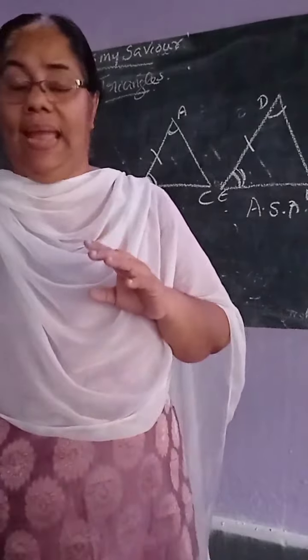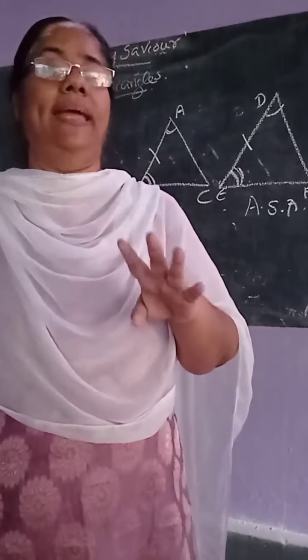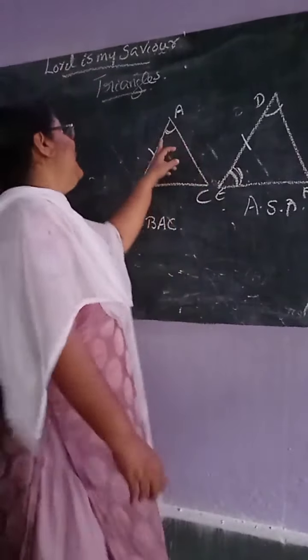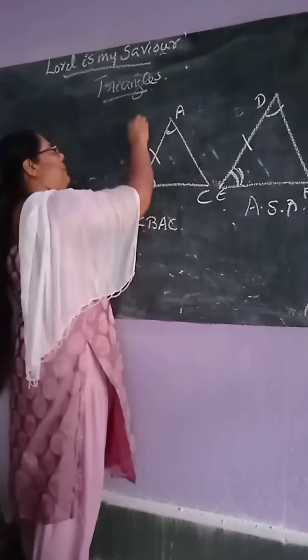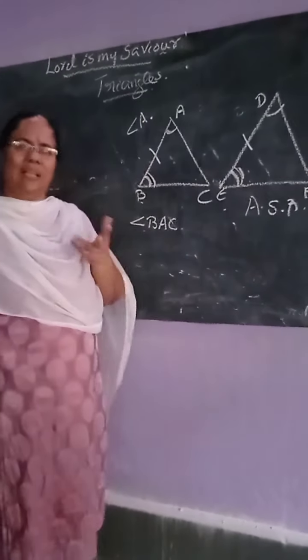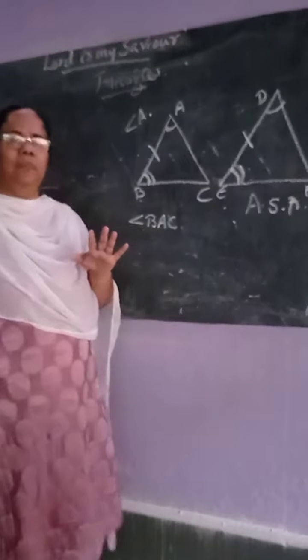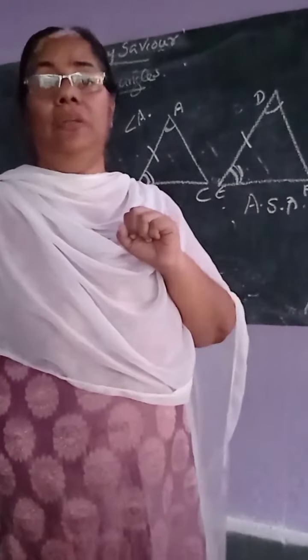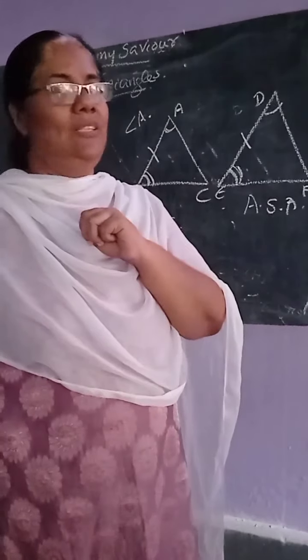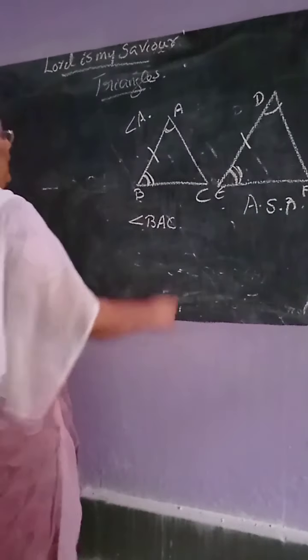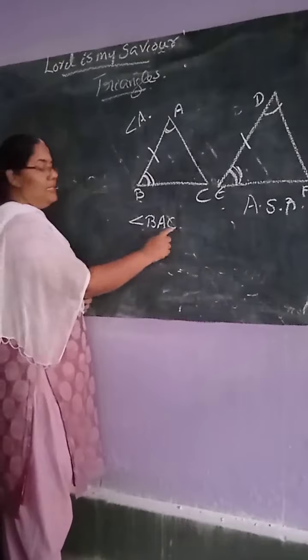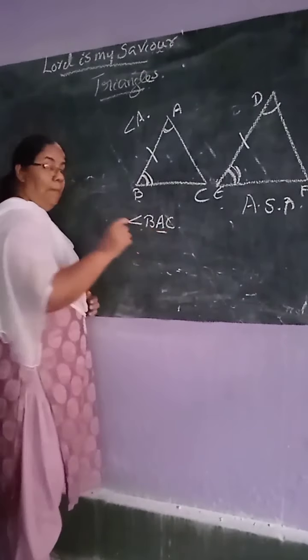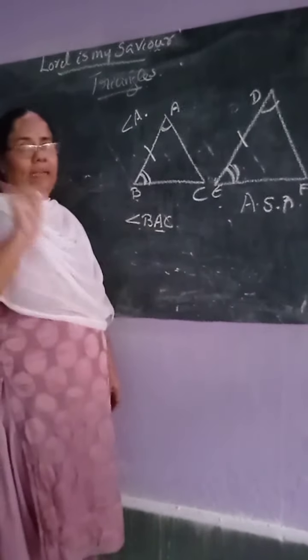Not writing just angle A is also correct, but usually when you denote one angle, use three letters. That's very important. Therefore, BAC means that the angle is at A. The middle letter shows the angle.